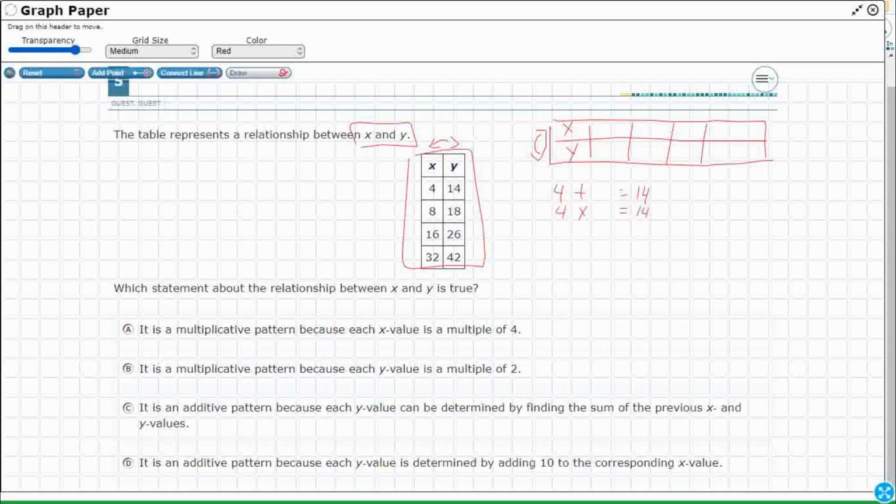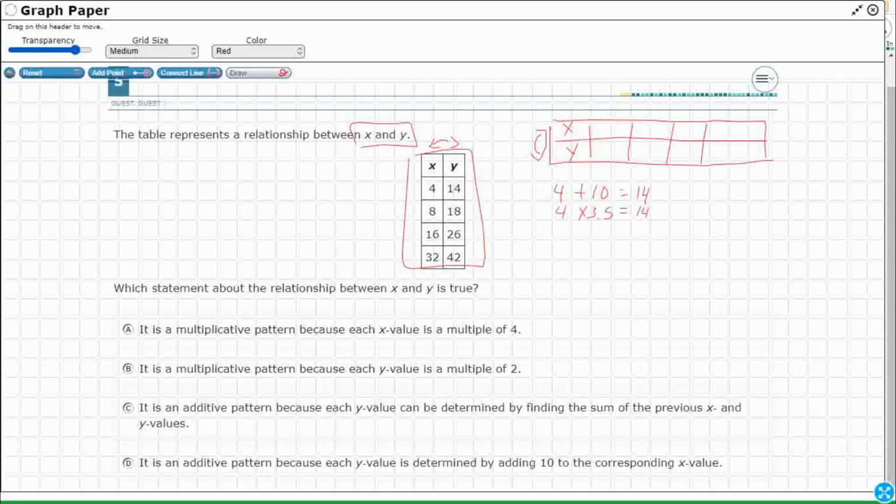Well, 4 plus 10, that makes 14. There's no whole number that I know of that's going to get us up to 14 by multiplying. 4 times 3 is 12. 4 times 4 is 16. That's right in between, so it's going to end up being like 3.5. Well, that's usually not going to be it for 5th grade, but let's continue on with the next one.